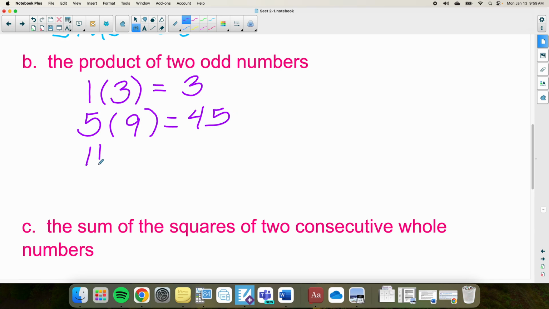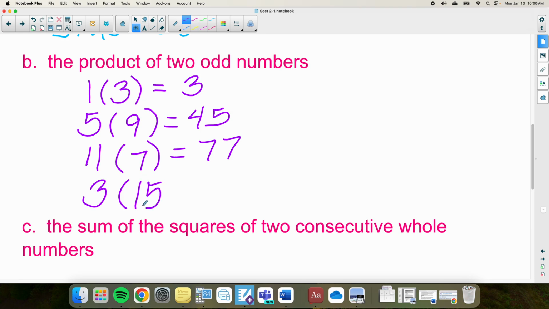I'm going to do 11 times 11, no, I'll do 11 times 7. That's 77, and let's see, 3 times 15. That is 45. They're always even, right? Or, sorry, odd. They're always odd.